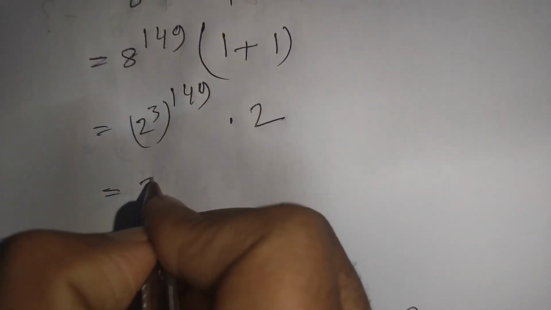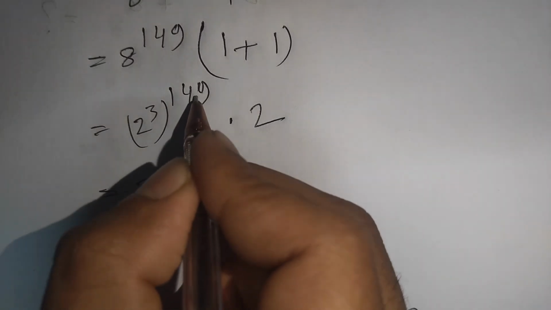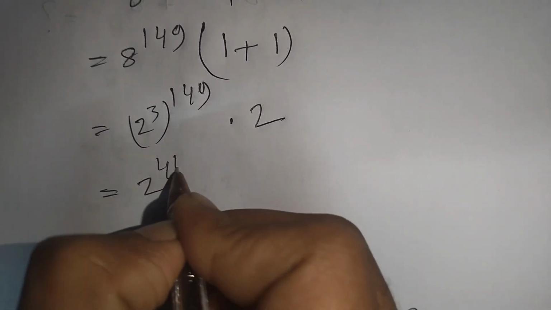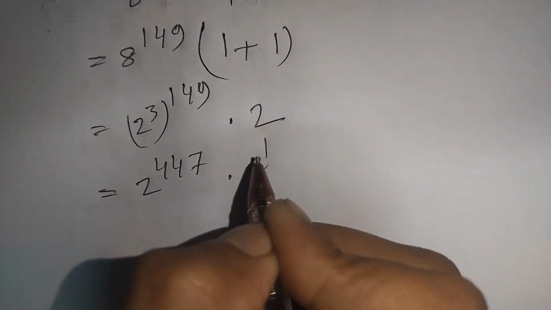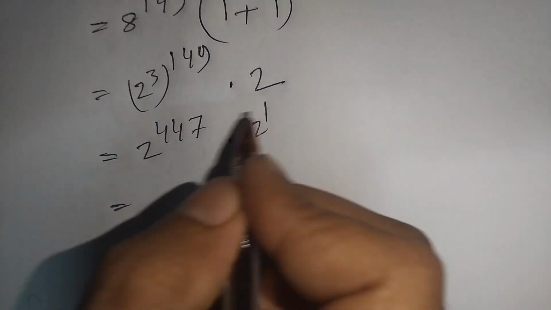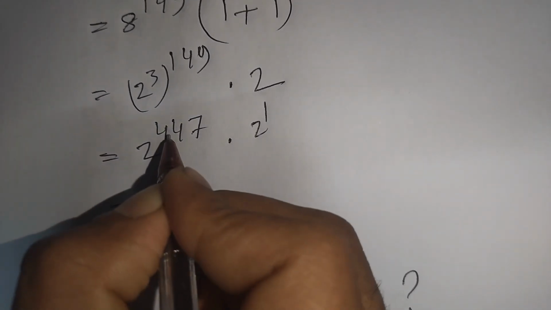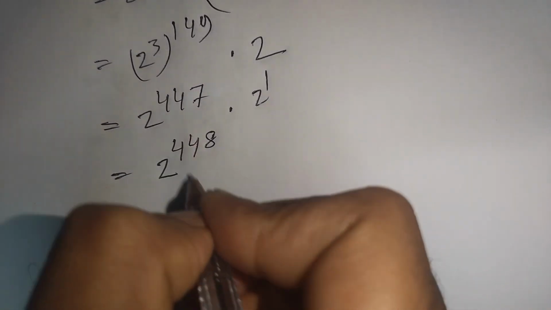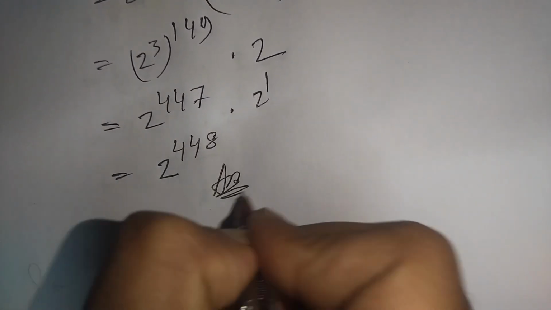Now 2 to the power 3 times 149, that means 447, times 2 is the same as 2 to the power 1. Now we see that the same base but different powers, so you can write it 2 to the power 447 plus 1, that means 448. So 2 to the power 448 is the correct answer.